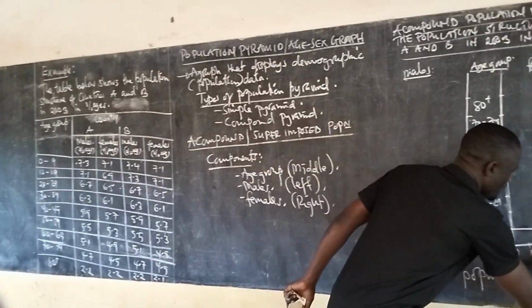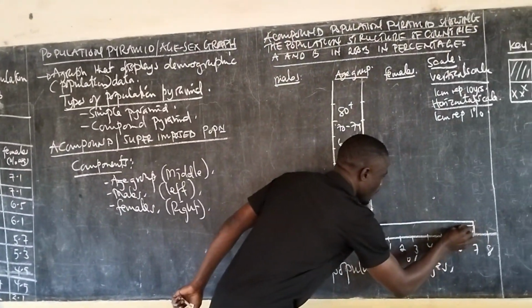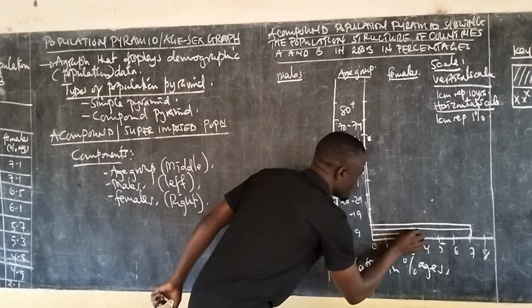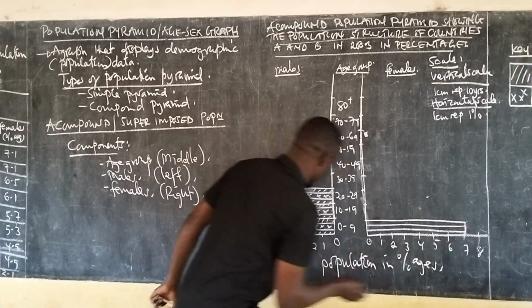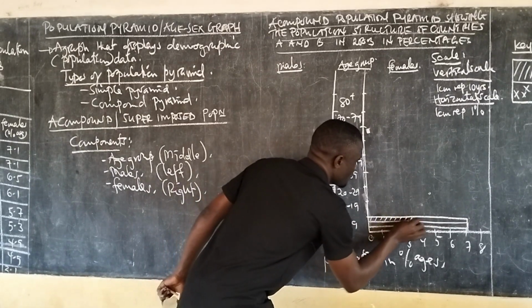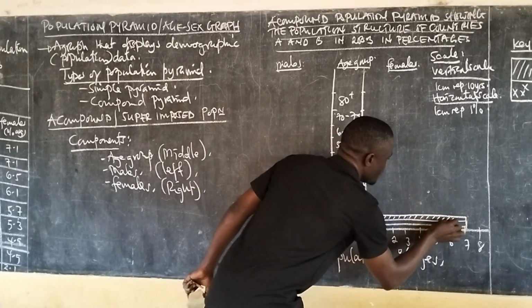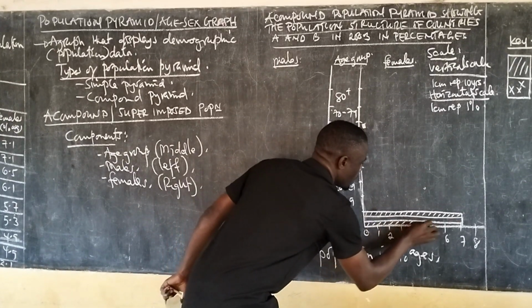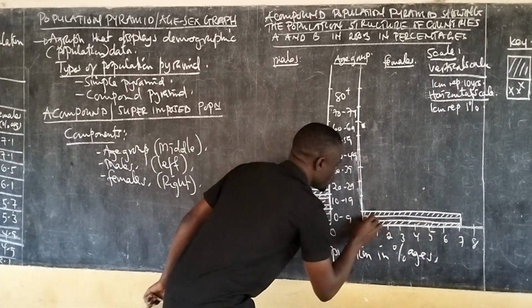So for comparison purposes, I hope you can see that for these two countries, age bracket 0 to 9, they have the same population. There must be reasons which may be similar. That's why we are saying this compound pyramid is usually for comparison purposes.